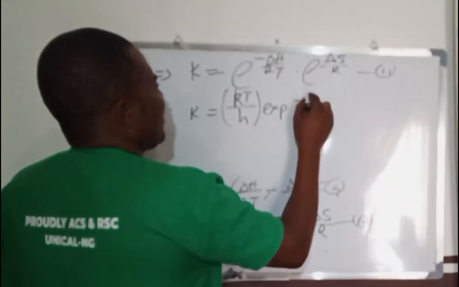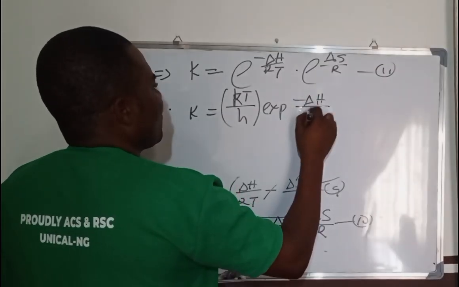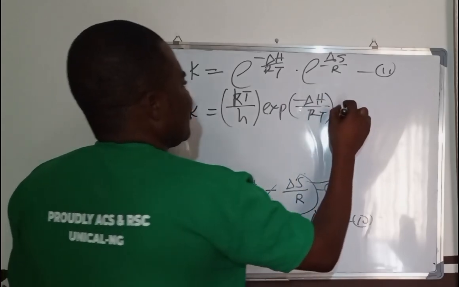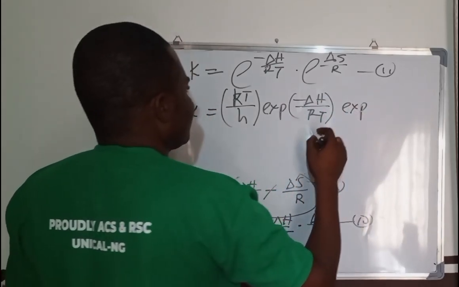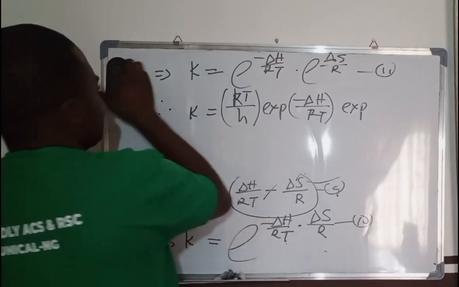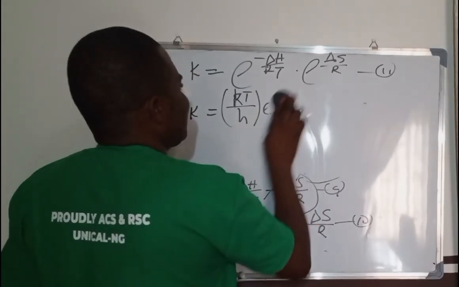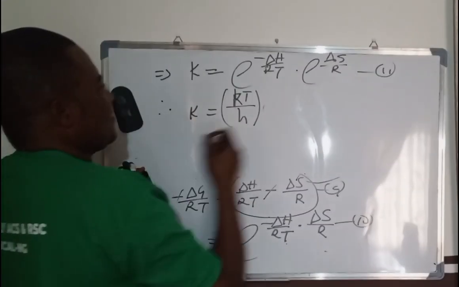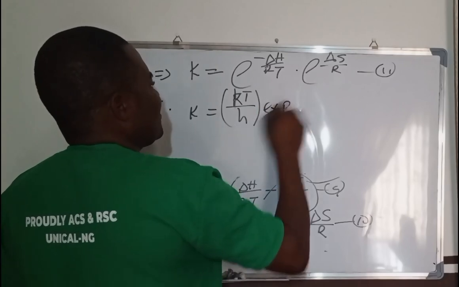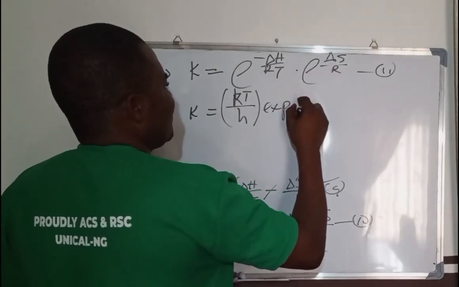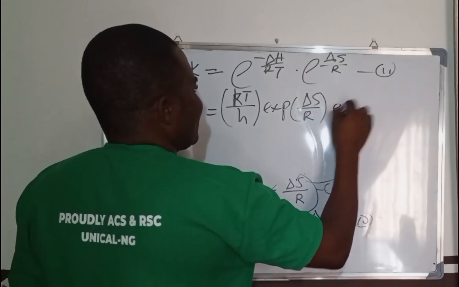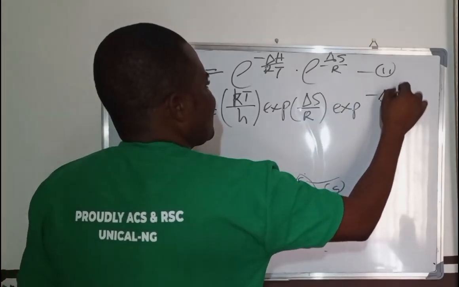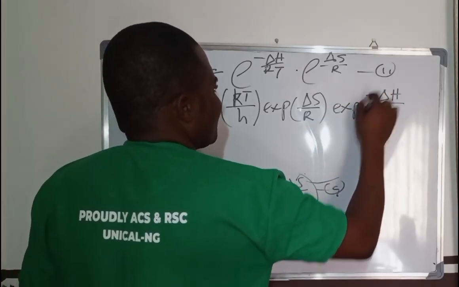Of minus delta H all over RT, to the exponent of, let us not make it that way. Let's make it easier for us. So to the exponent of delta S over R, to the exponent of minus delta H over RT.